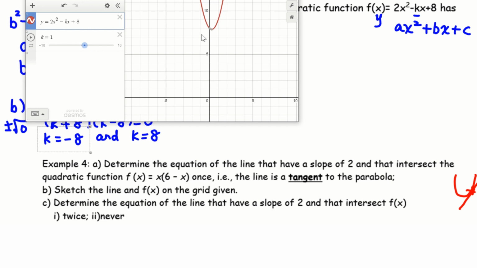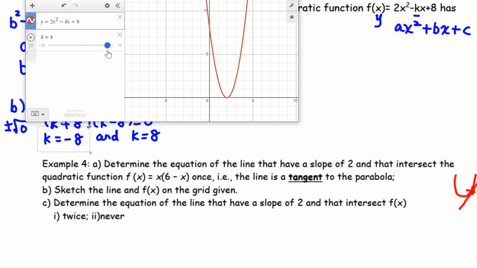So this one, no points of intersection if k equals 1. Then you will see if k equals 4, and if k equals 8, you will have 1. If k is greater than 8, you will have more than 1, you have 2.